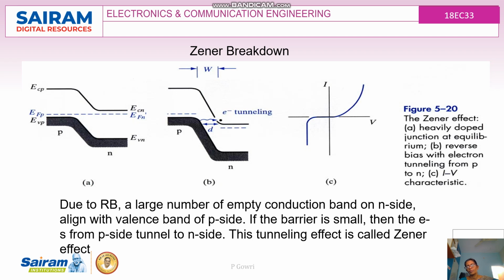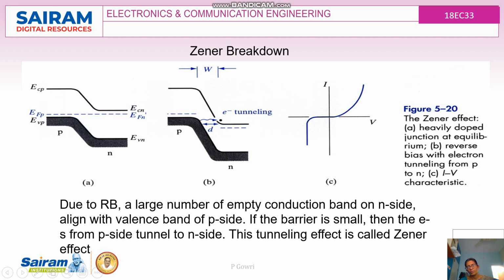The VI characteristics is given here, that is during the reverse biased condition at a particular voltage there will be a sudden increase in the current, and that is called the Zener current. And when I go for the energy diagram, we can see this is the width of the base region. Normally a heavily doped junction at equilibrium will be like this.